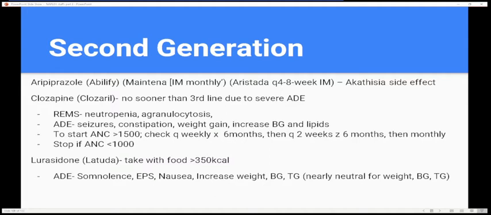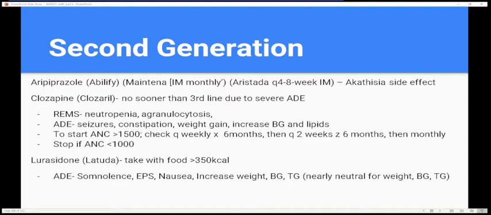It can cause seizures, constipation, weight gain, and increased blood sugar and lipids. The main thing is neutropenia and agranulocytosis, so you want to get an ANC checked before you start it. ANC has to be greater than 1500, and you stop it if it's less than 1000.